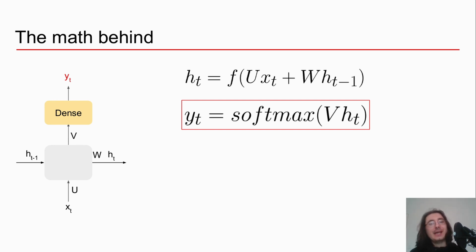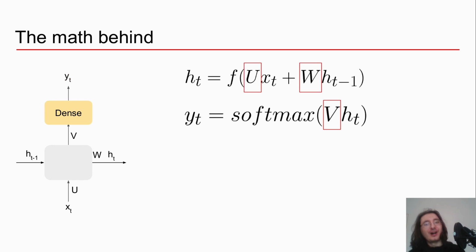So now the question is, what do we learn when we are training a recurrent neural network? Well, we actually learn these two functions, and more specifically, what we learn are these weight matrices, U, W, and V. Nice.